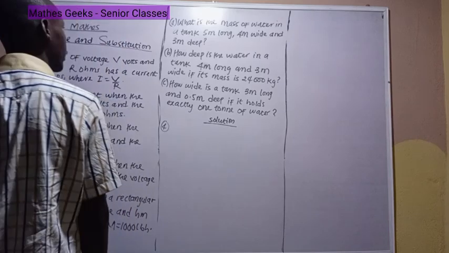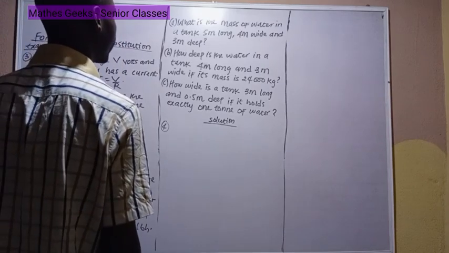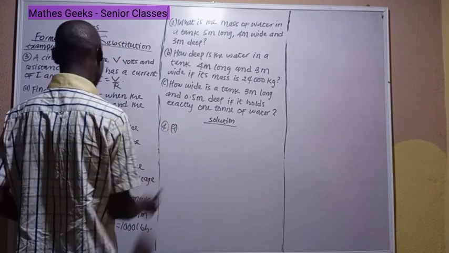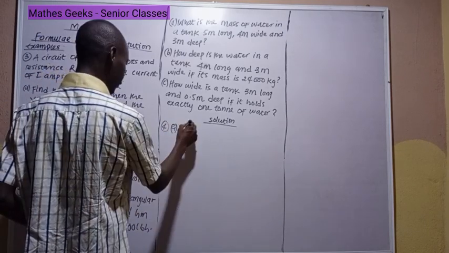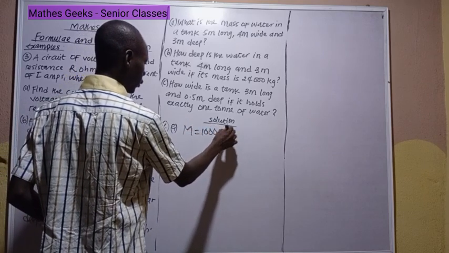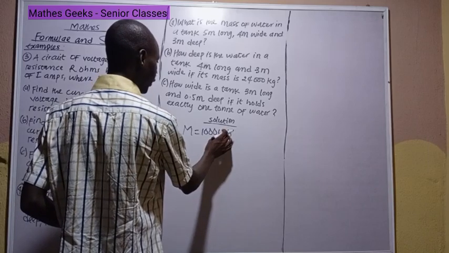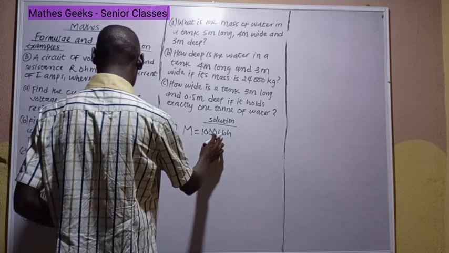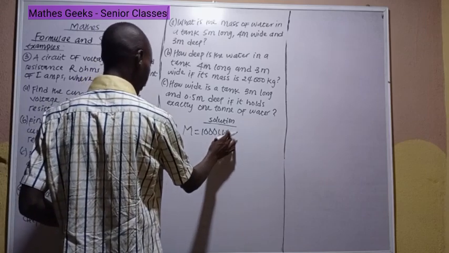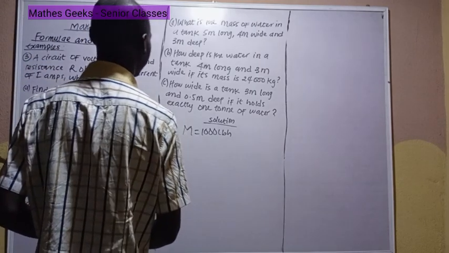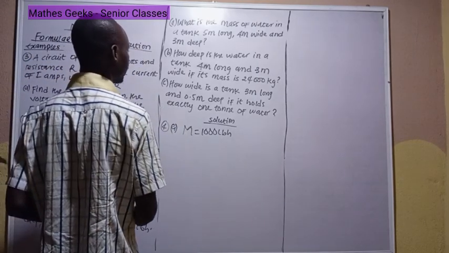What is the mass of water in a tank 5 meters long, 4 meters wide, and 2 meters deep? So we're going to start off by writing the formula. M is equal to 1000 lbh. L is length, breadth, and height.